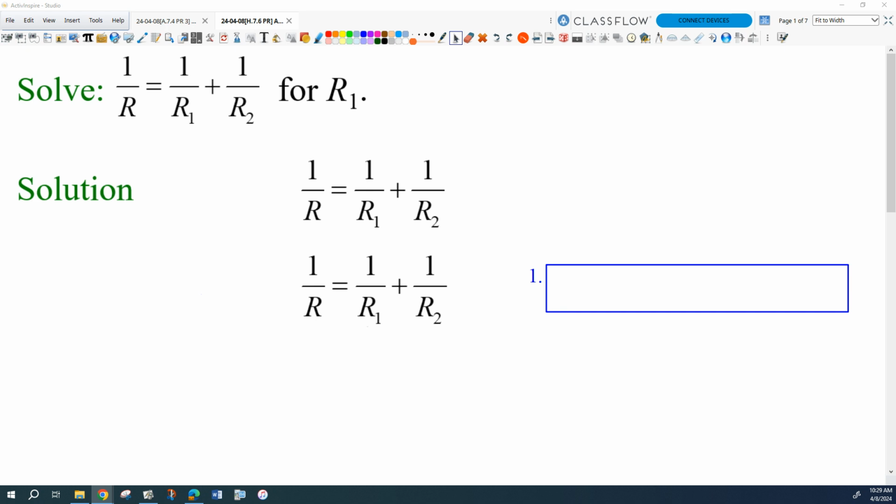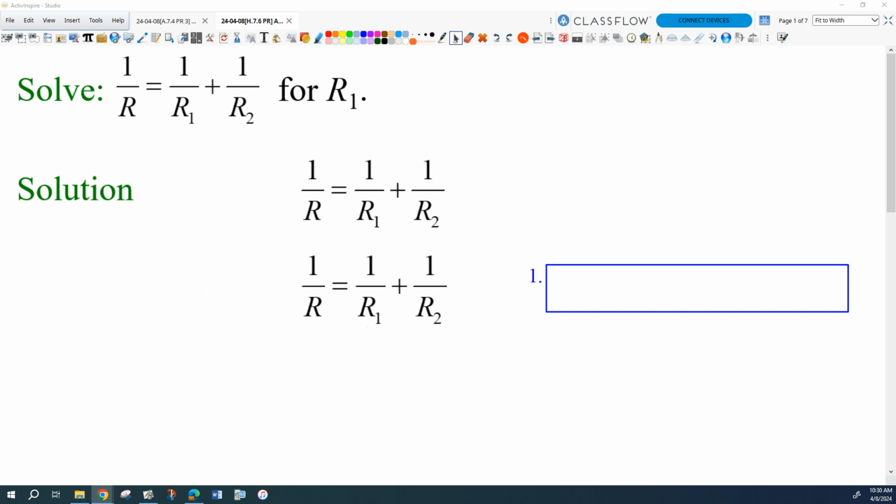Way back when we were adding and subtracting expressions that involved fractions, we didn't have any variables on the bottom at the beginning of the year, but we still found it convenient to clear the fractions first, right? To get rid of all the fractions so that the equation looked more manageable without fractions.